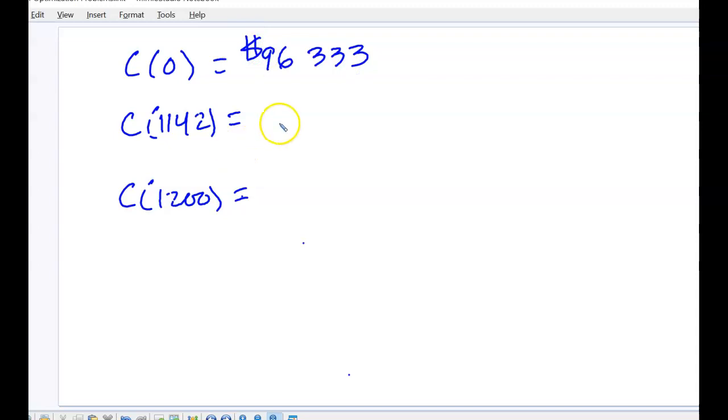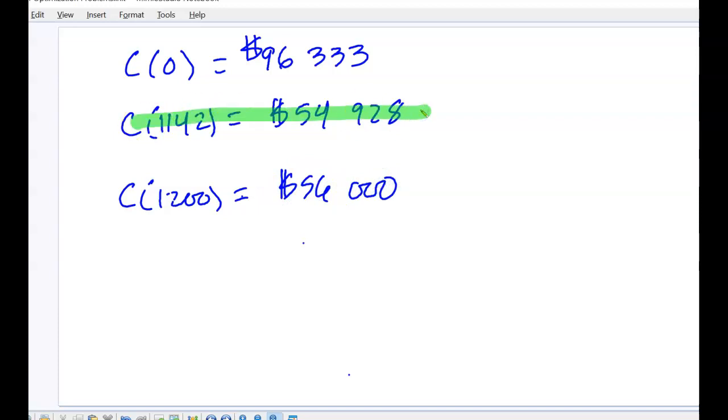If I go to 1142, it's going to be 54,928. And if I go to 1200, it ends up being 56,000. So the absolute min is right here. The minimum cost is if you go 1,142 meters under the ground and then go across the water.